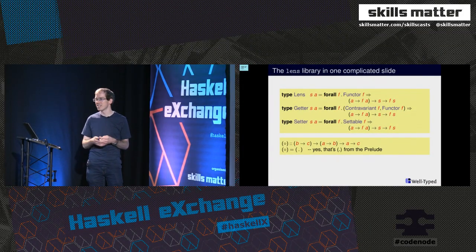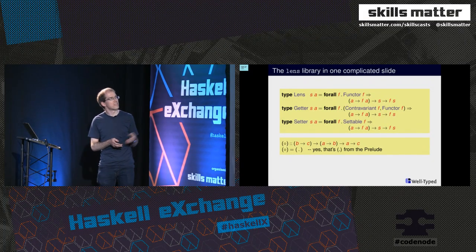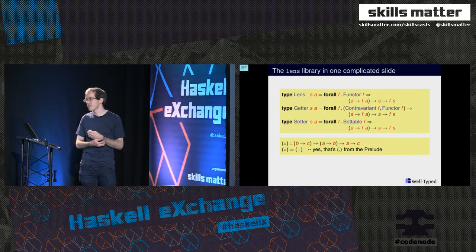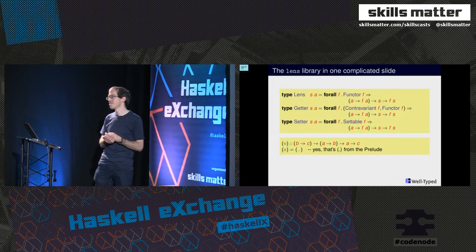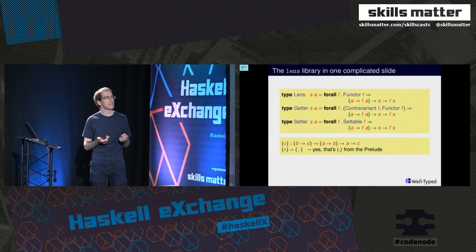There's a long history of its development, but the particular thing I'd like to focus on is the observation that all these optic flavors like lens and getter and setter, which I previously defined abstractly, now have very concrete implementations. So they're all type synonyms.